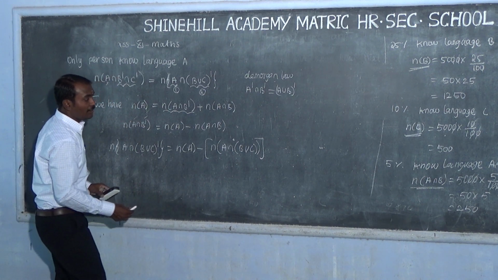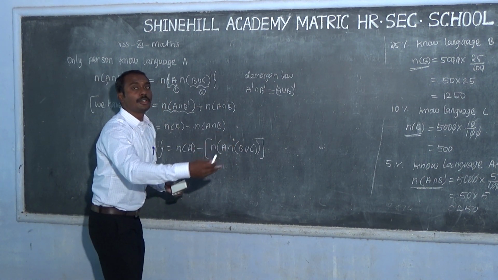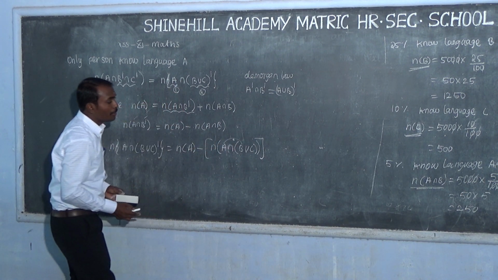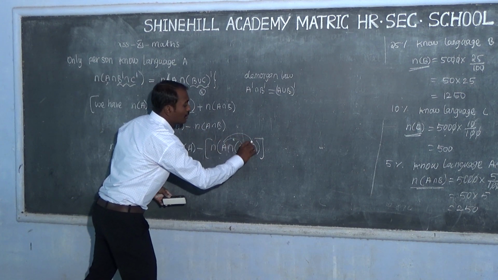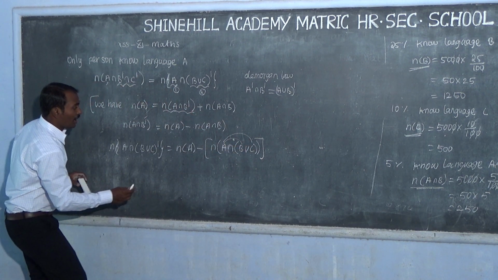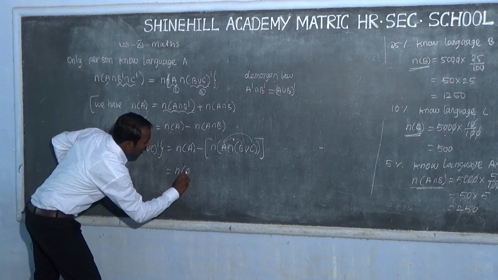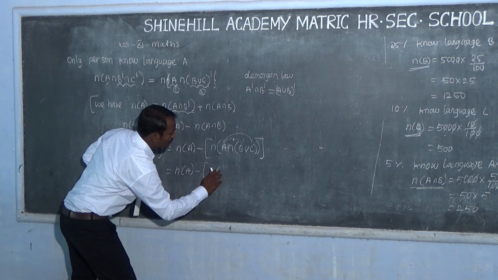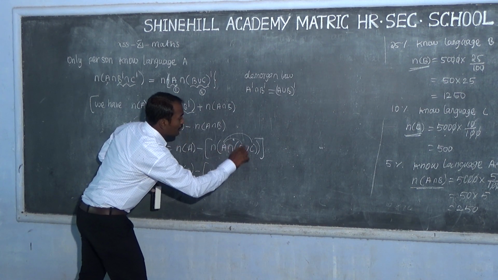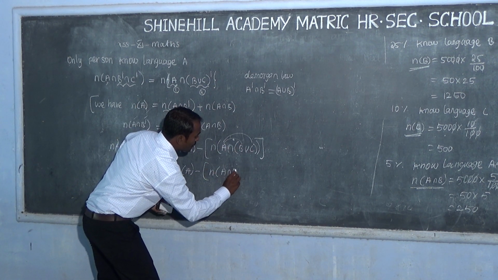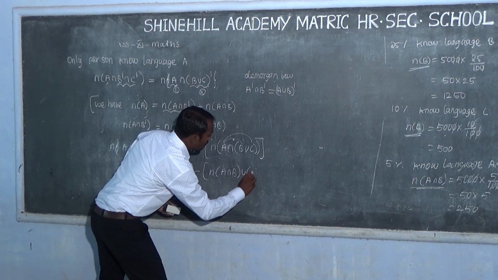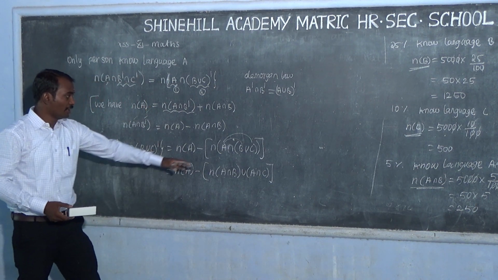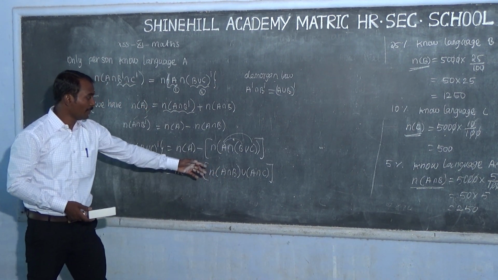And again we have the distributive law. We can distribute the A to B and also A to C. Now I am writing n of A minus n of A intersection B union A intersection C. Okay, this is the distributive formula.